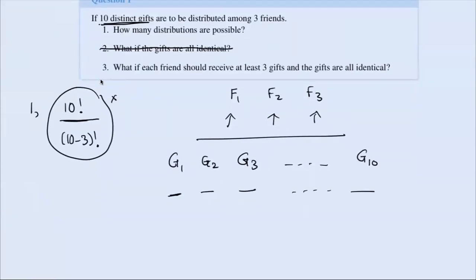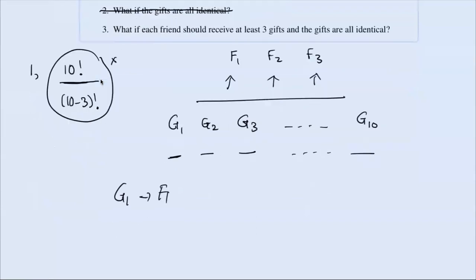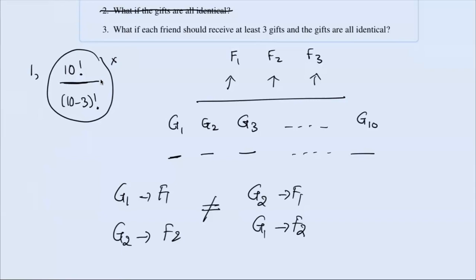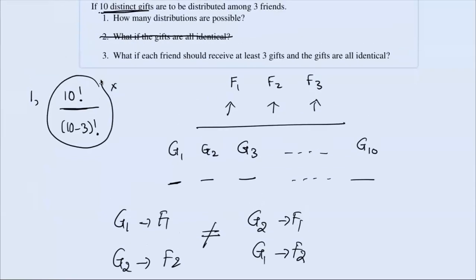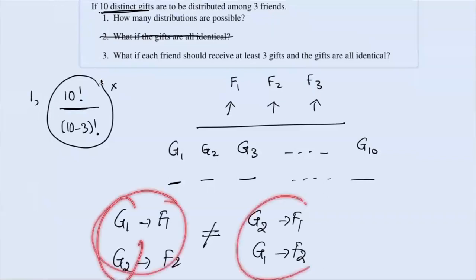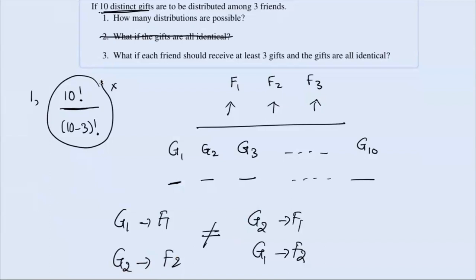That's why if you give gift 1 to friend 1 and you give gift 2 to friend 2, it is different from you give gift 2 to friend 1 and you give gift 1 to friend 2. They are different because the gifts are distinct. If the gifts are identical, then these two ways of distributing are just the same.